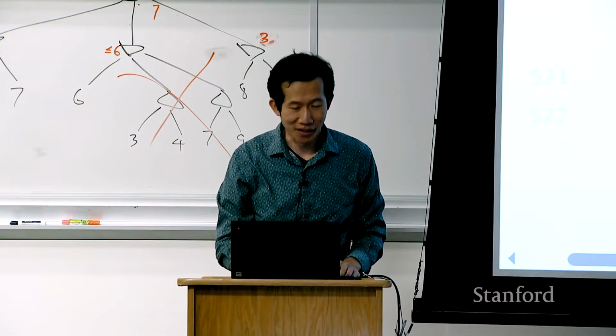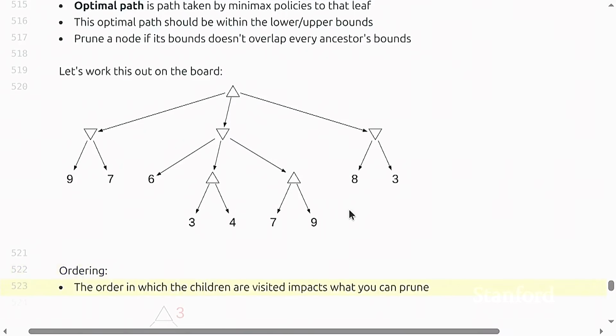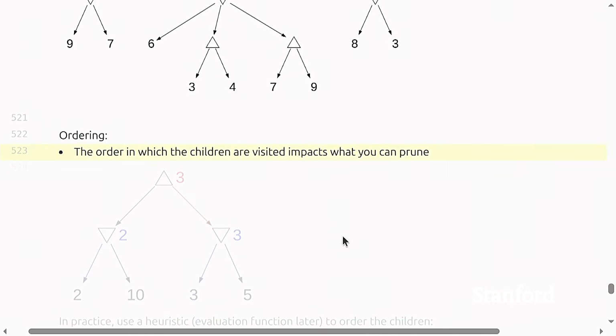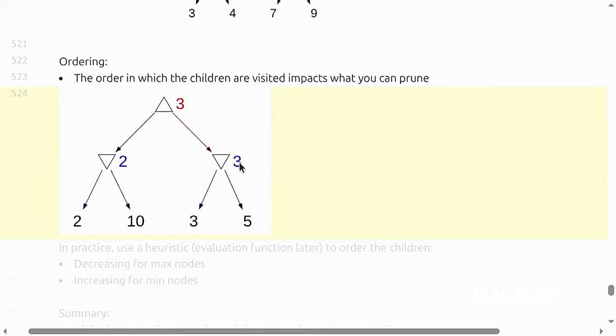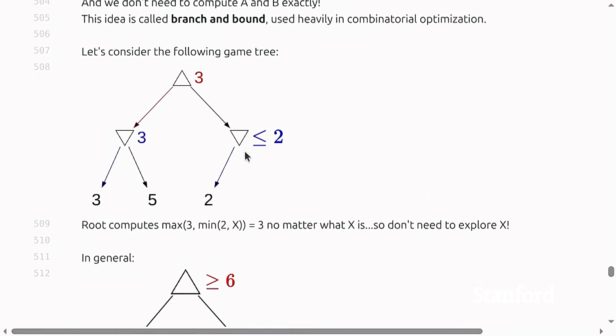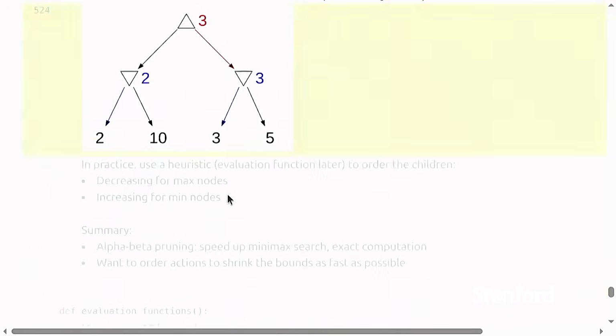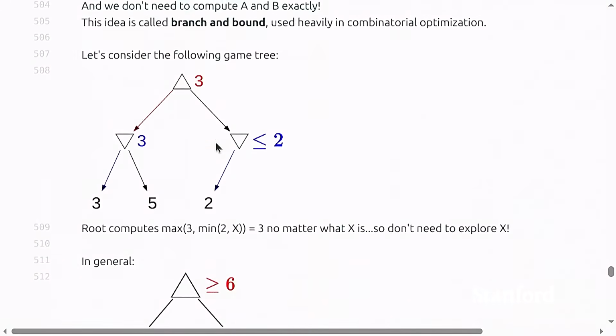Okay, so how do you get lucky? So let's talk about ordering. The order in which you visit the successors of a state matters for how much you prune. So for example, in this case that we saw before, if we had 3, 5, 2, 10, then this 10 would get pruned.